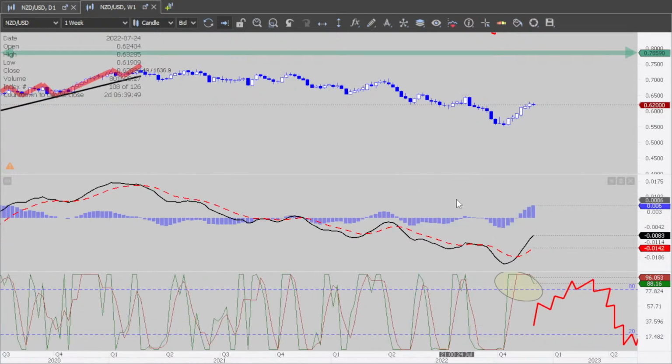And as you can see, everybody, if you take a look at the stochastic, it's going up and down, from the 80 to the 20, from the 20 to the 80.